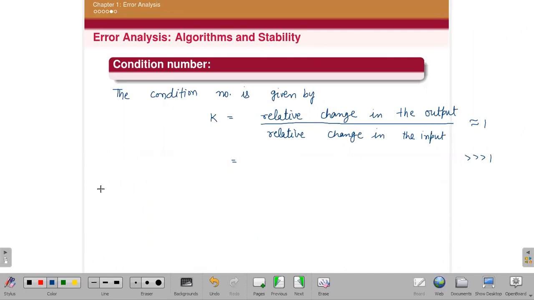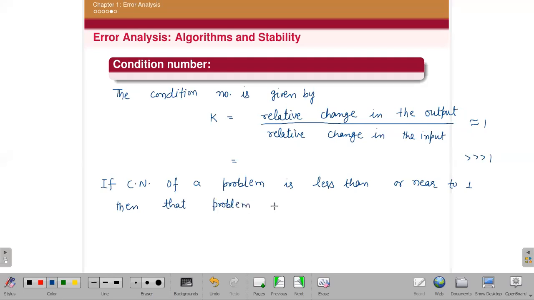So here I can write, if the condition number of a problem is either less than or near to 1, then that problem will be well conditioned.